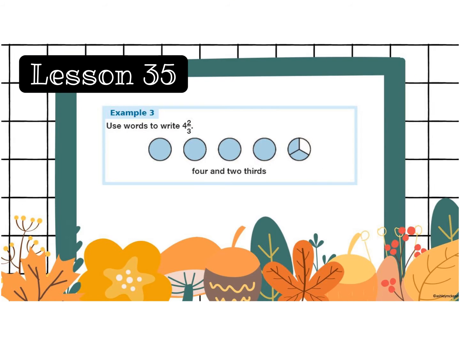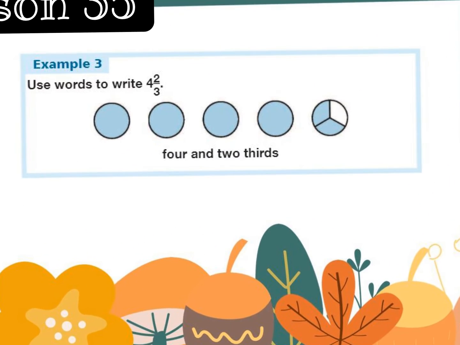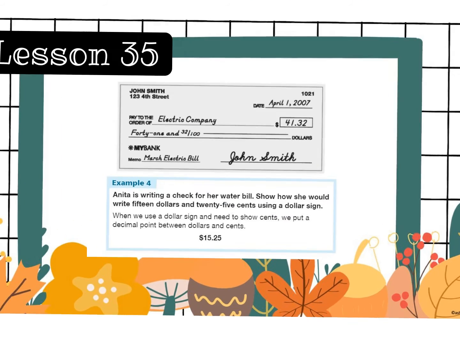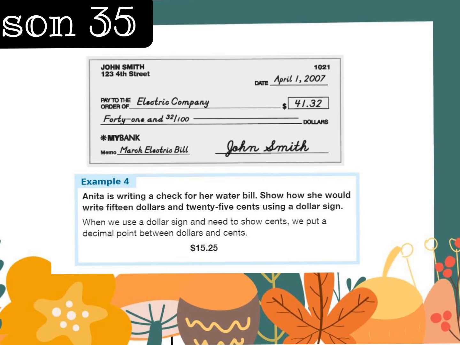Okay, example 3 says use words to write 4 and 2/3. Well, if I look at this one, it's 4 and 2/3. Are we kind of following along simply right now? Okay, good. Keep going.